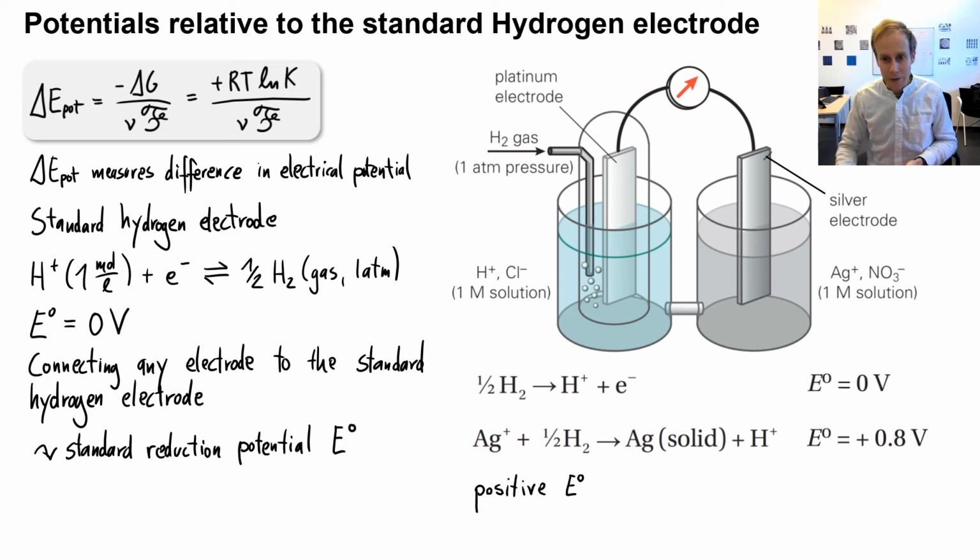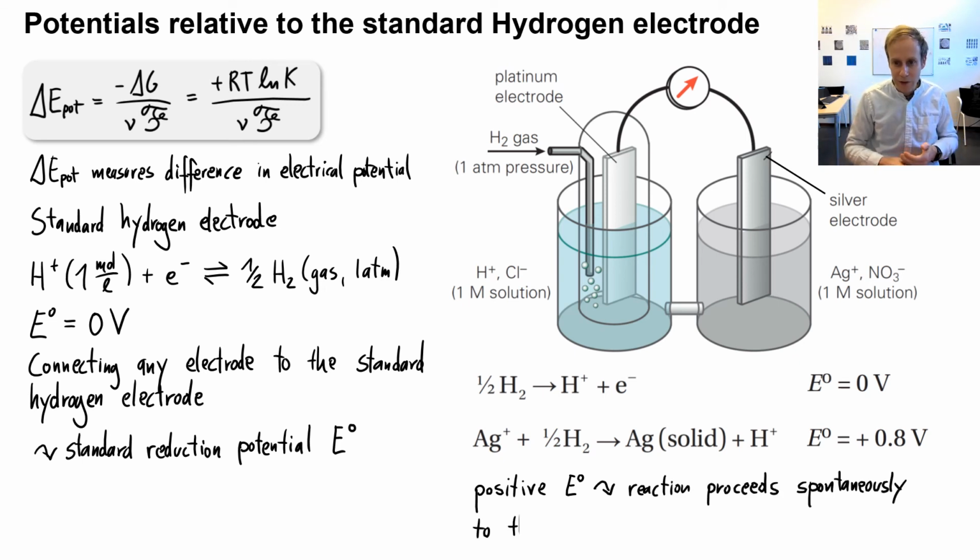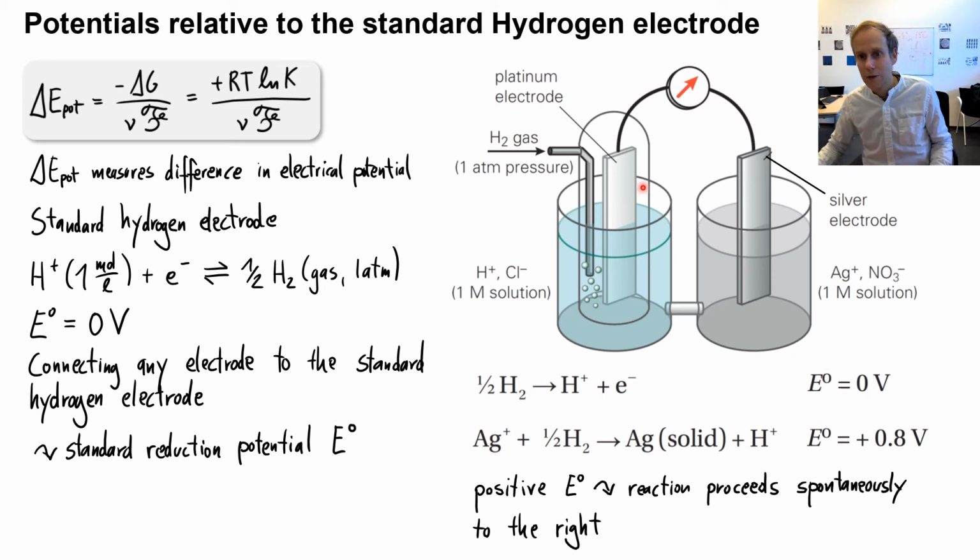And now when you measure the potential with the voltmeter up here, you will get a positive potential. That basically means the reaction proceeds spontaneously to the right, to the formation of solid silver, or to the reduction of silver, because solid silver has a higher electrochemical potential than the standard hydrogen electrode.